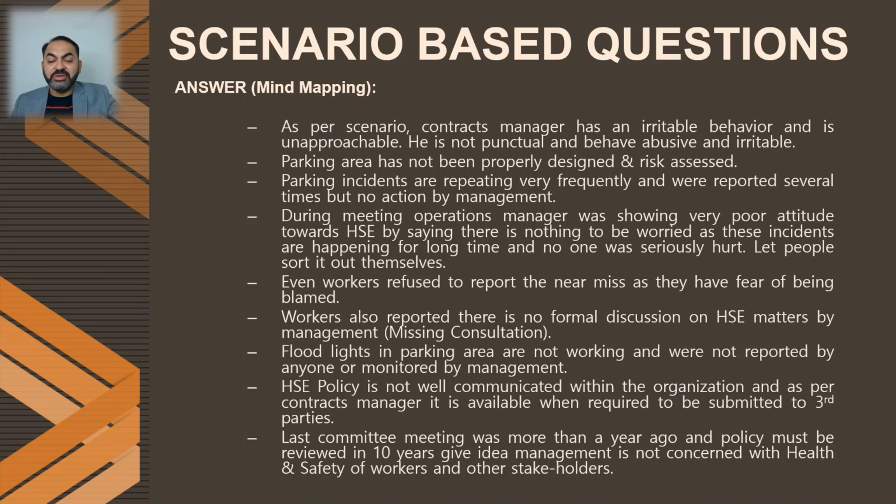So they are breaching this health and safety regulation by saying a 10-year review. So these are all points which support our major concern that the employer failed to meet their moral obligations. He failed to fulfill health and safety management system requirements.